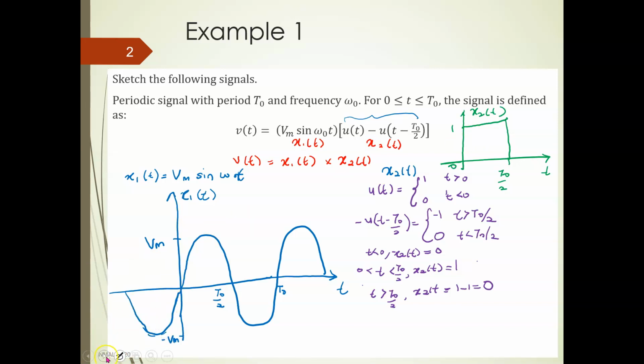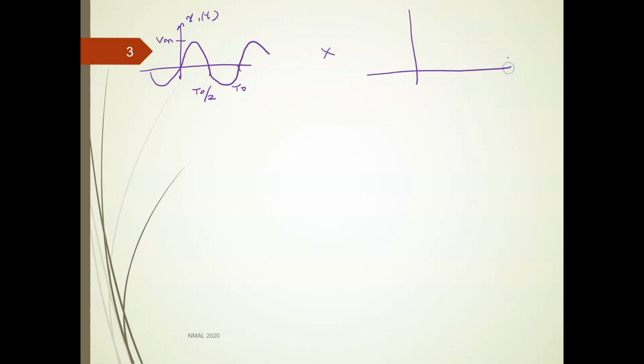Let us draw in another page here. Remember from the previous page we have the sine signal x1t, and the period is t0, and the half period here is t0 over 2, multiplied with a rectangular signal with amplitude equal to 1 and with signal only from 0 until t0 over 2.